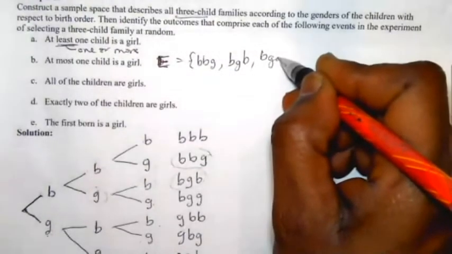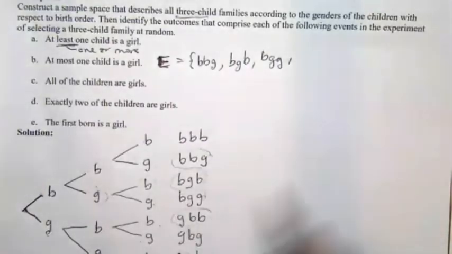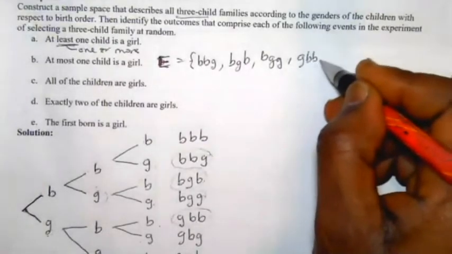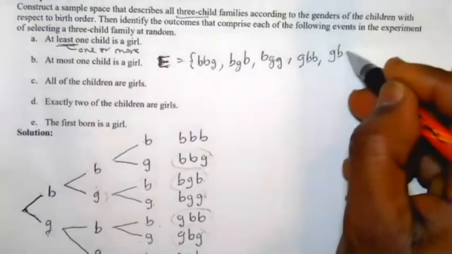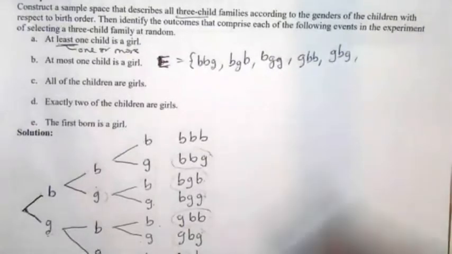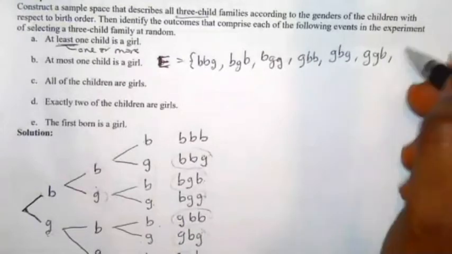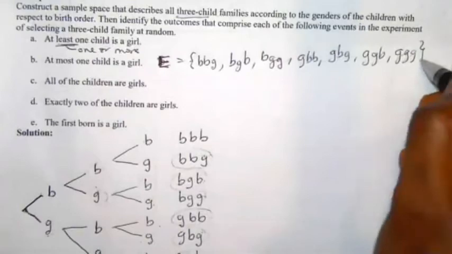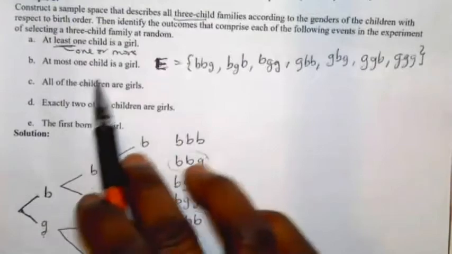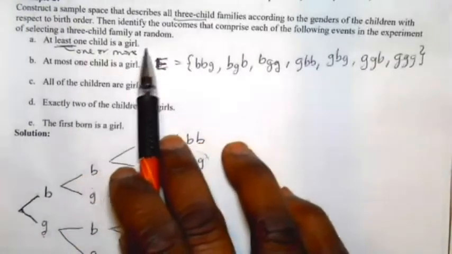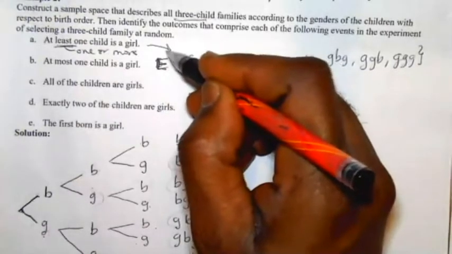B, G, G. Then G, B, B. G, B, G. Then you have G, G, B. And all girls, G, G, G. So this will be the event for getting at least one girl.